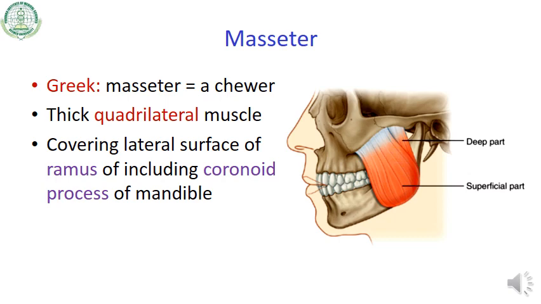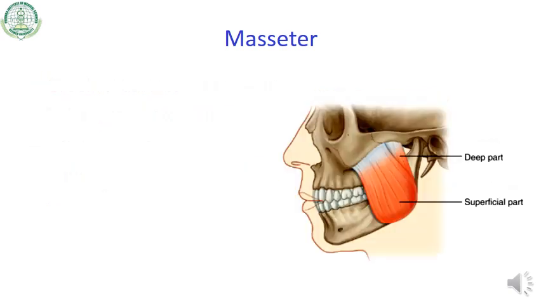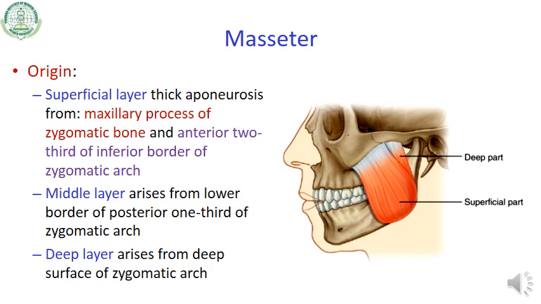Masseter muscle. Now coming to the origin of the masseter muscle. There are three layers of masseter muscle: superficial layer, middle layer, and deep layer.